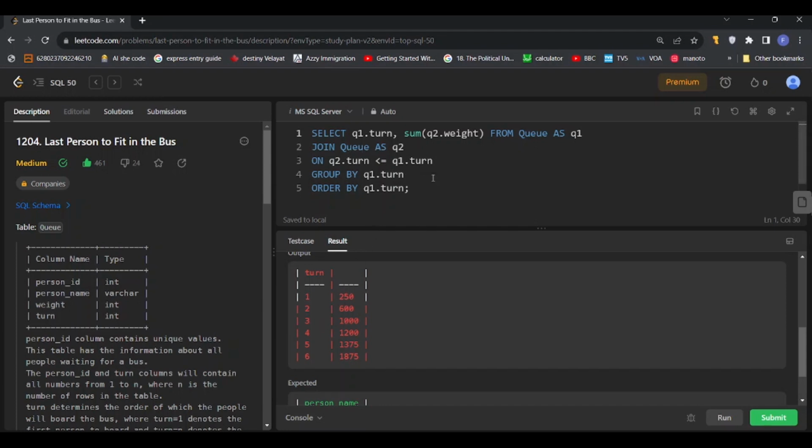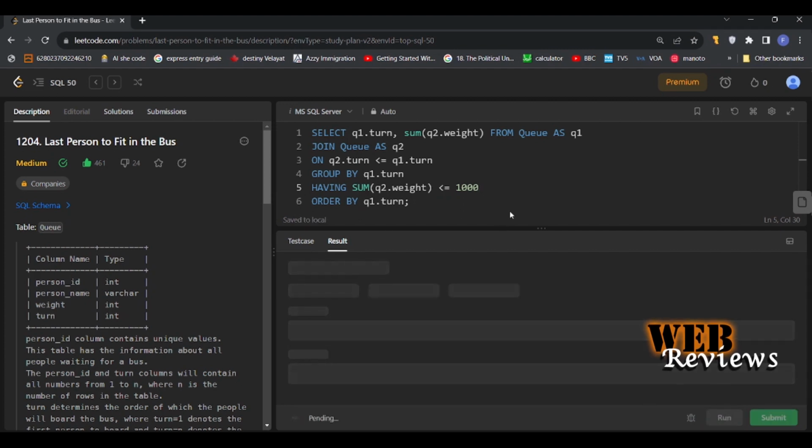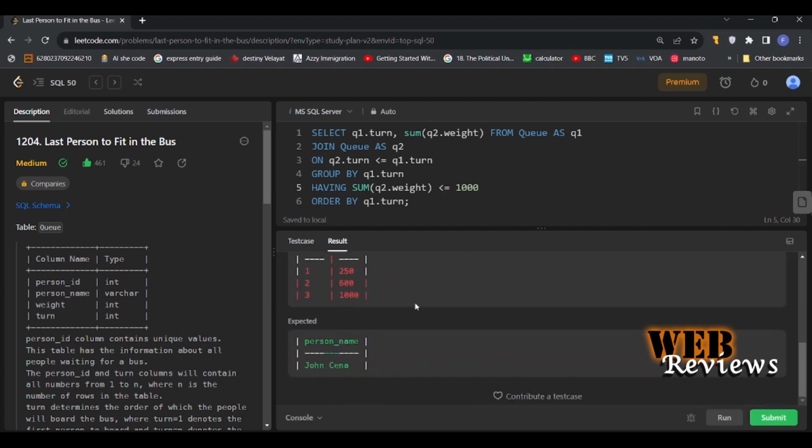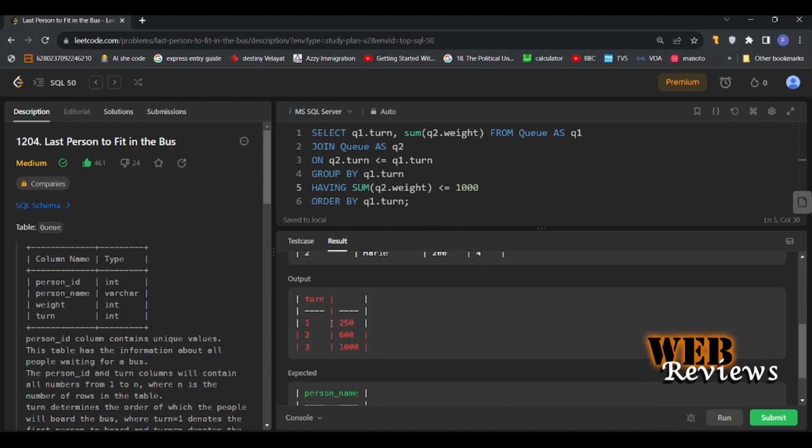Okay, so after group by, I'm going to use a having sum of q2 dot weight smaller or equal 1,000. So we filter some of our entries and let's see what we get again. Okay, so far so good.